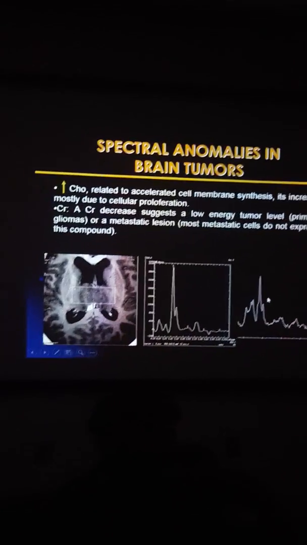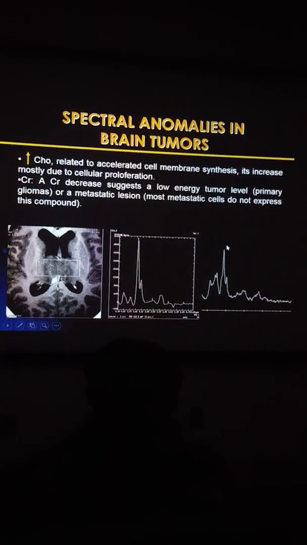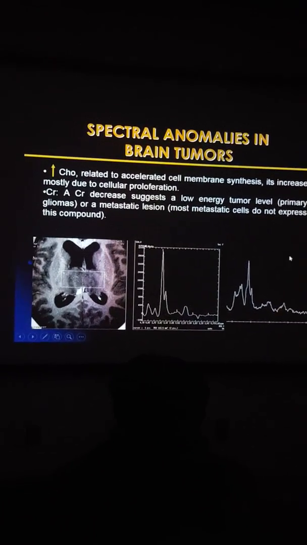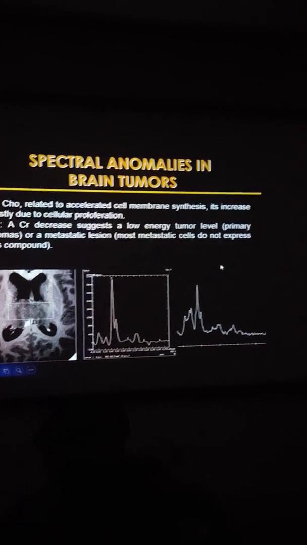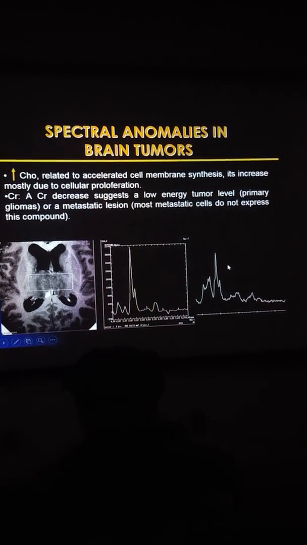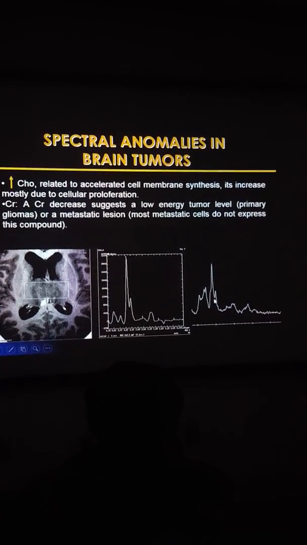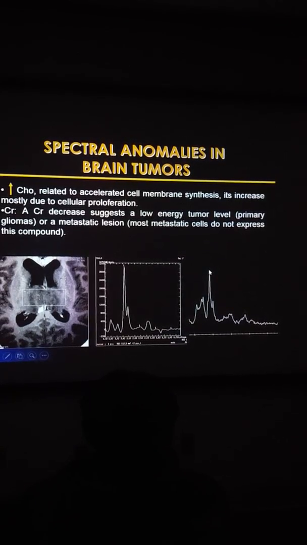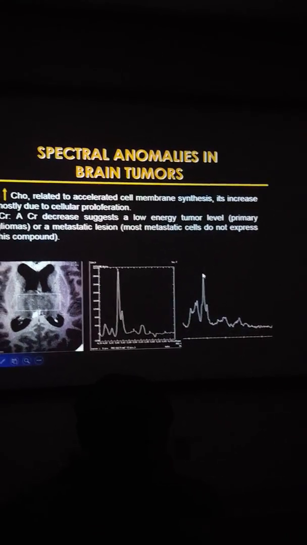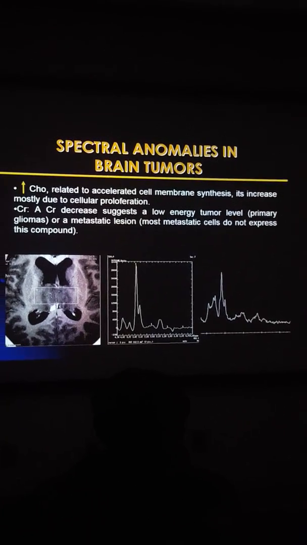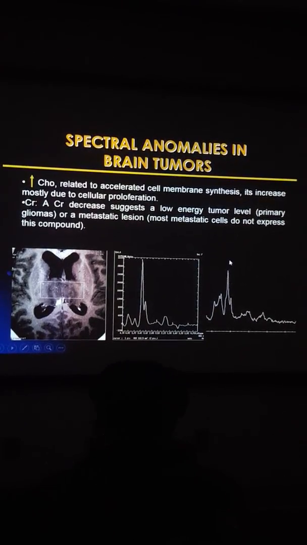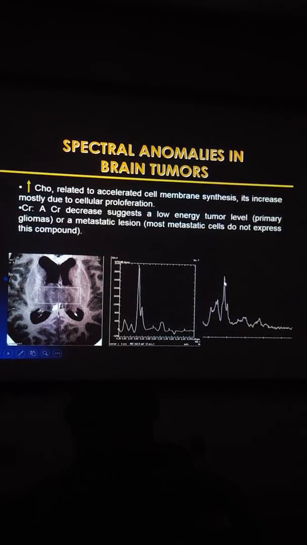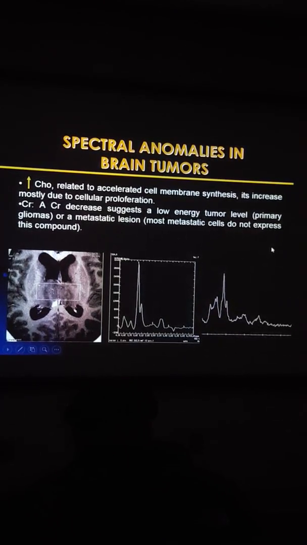So depending on how tall that choline peak is on brain tumors, is going to correlate with the degree of aggressiveness of the lesion. The grade 3 and grade 4 gliomas typically are going to be characterized by very tall choline peaks. The presence of lipids and lactate in combination with very high choline peaks is going to correlate with glioblastoma.